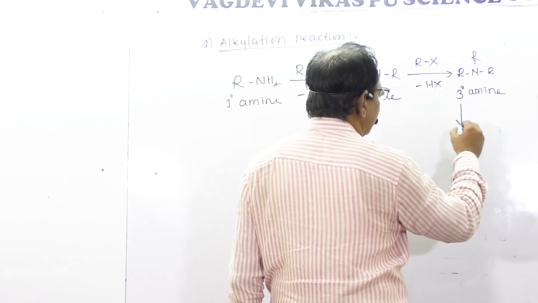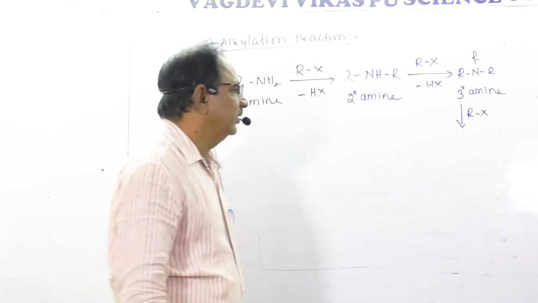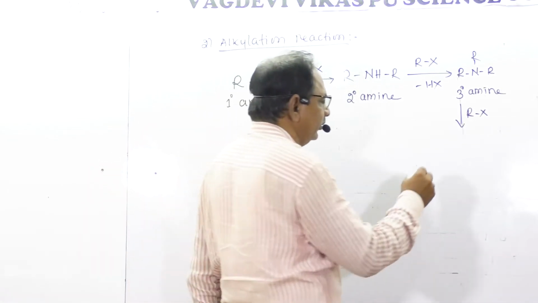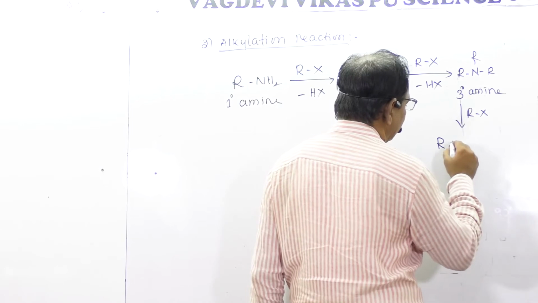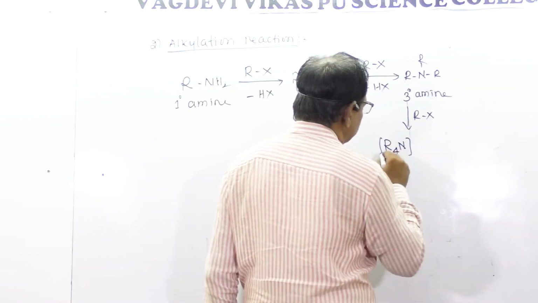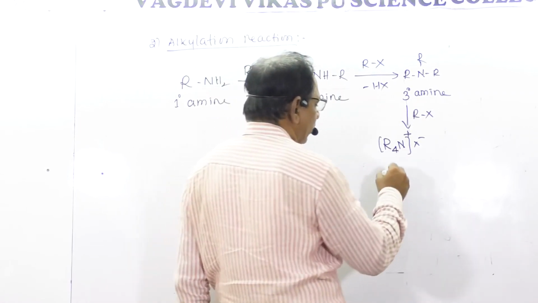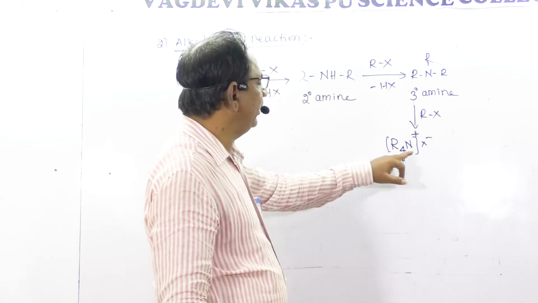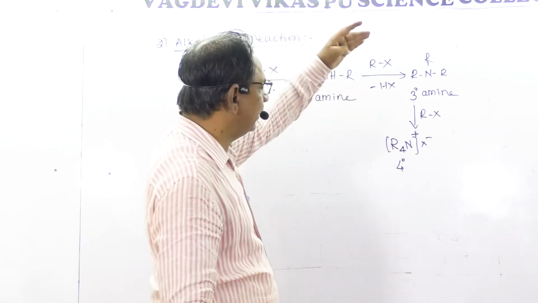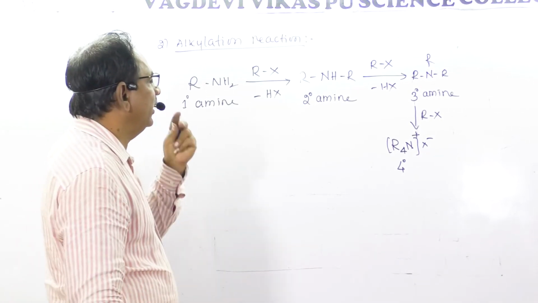Then this again reacts with RX to form R4N+ X minus, that is a quaternary ammonium salt. This reaction was already discussed in the synthesis of amines by the ammonolysis method.